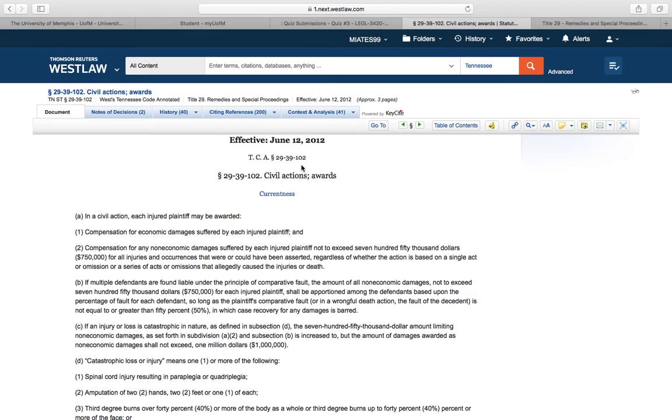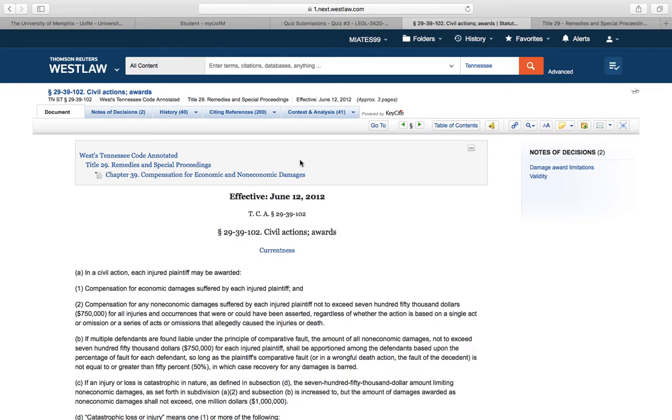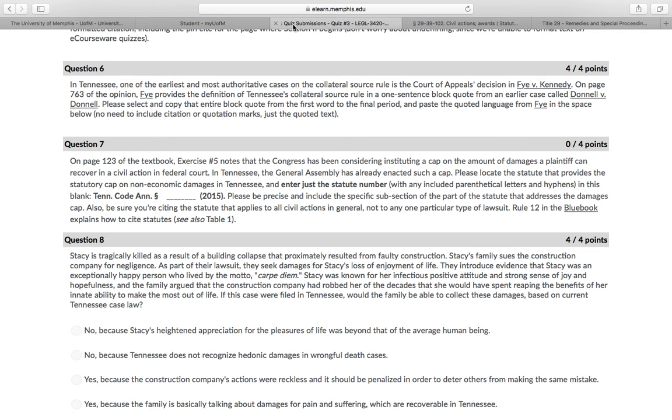But of course, it's the year 2012, so I was still a little iffy. I ended up putting this anyway. Of course, I got it wrong, but I could not find a statute from 2015 that dealt with non-economic damages and a cap.